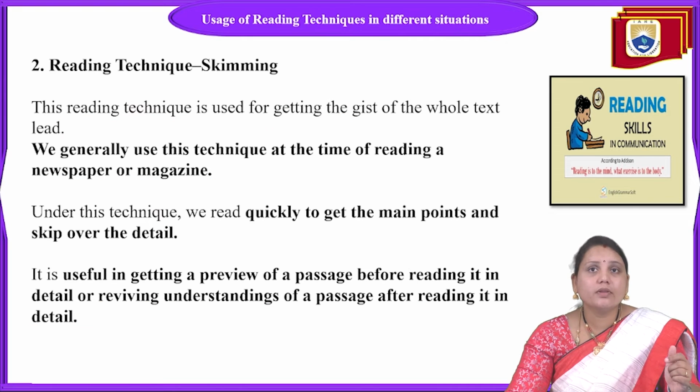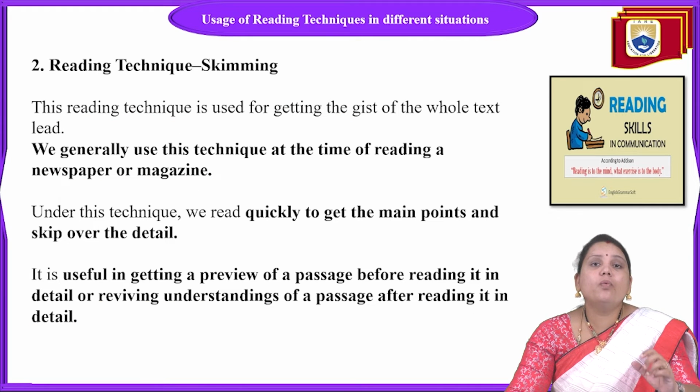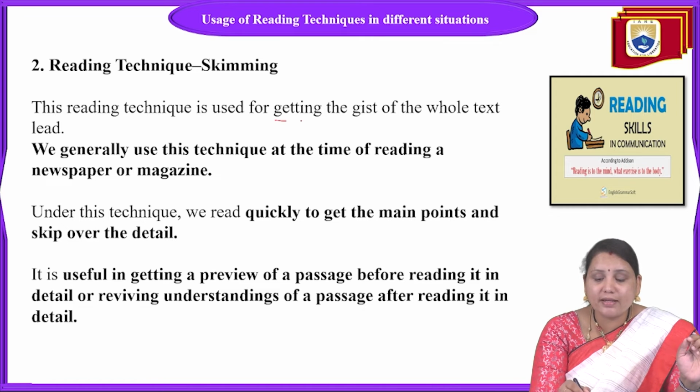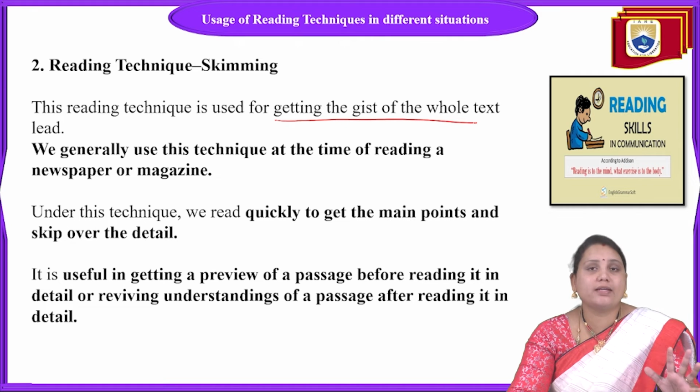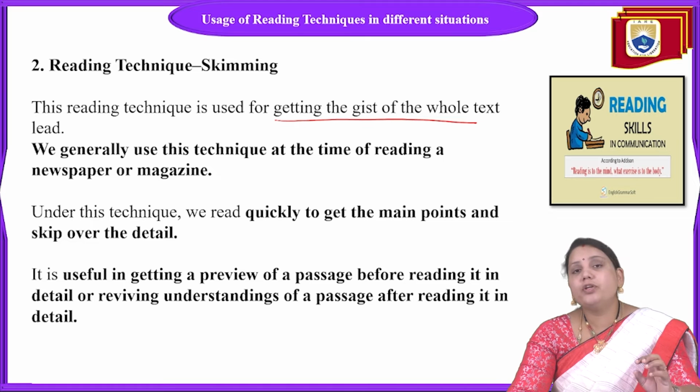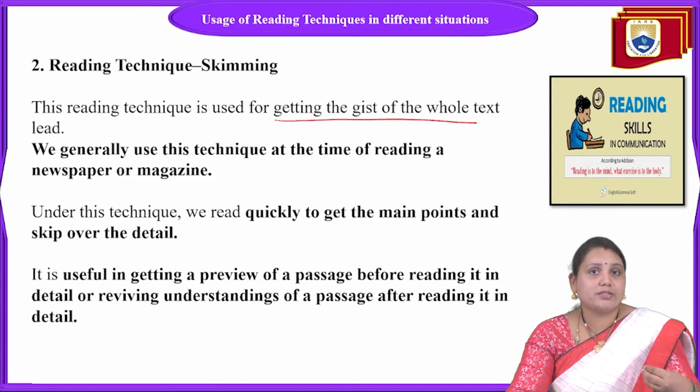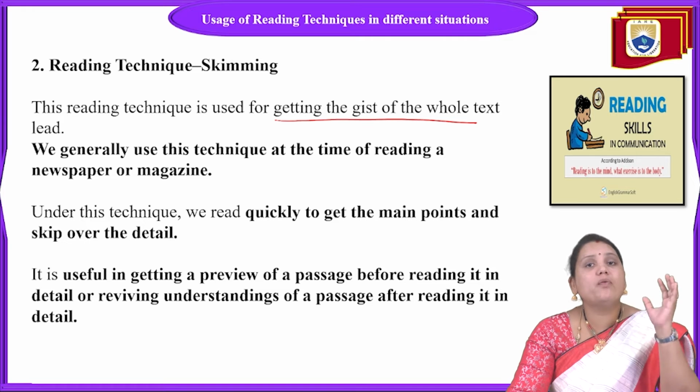Next, skimming. Now what is skimming? Skimming is used for getting the gist of the whole text. Sometimes we don't have much time to read the entire text. So what we do is, we try to skim over the text.